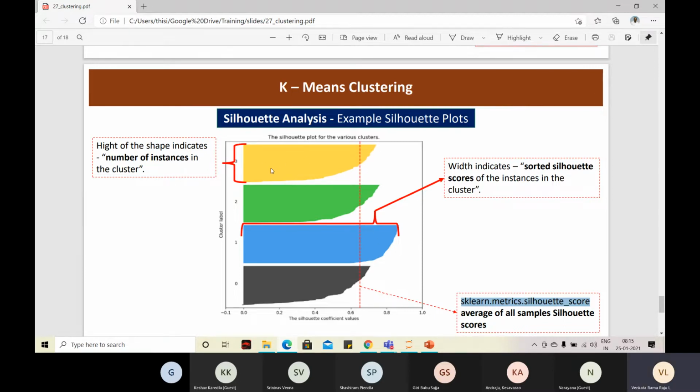The individual clusters' silhouette scores should be less than the total average silhouette score of the total clusters. Did you get it? Any questions?